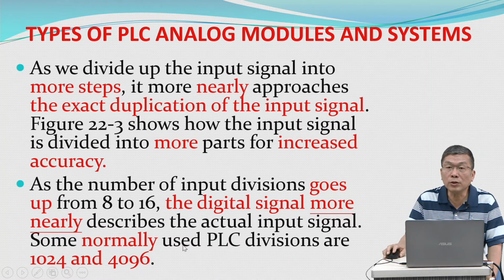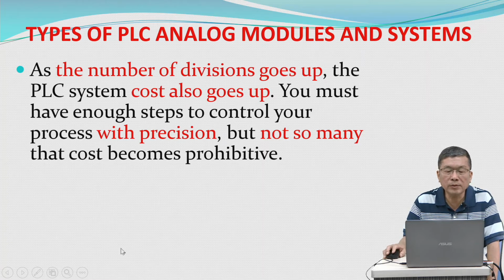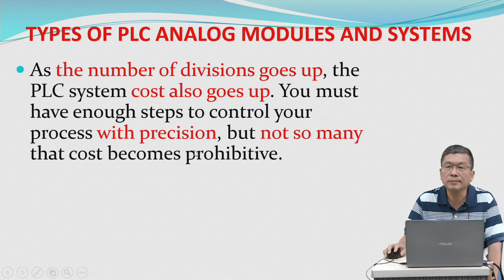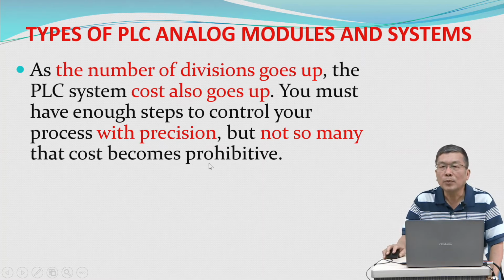Some normally used PLC divisions are 1024 and 4096. As the number of divisions goes up, the PLC cost also goes up. You must have enough steps to control your process with precision, but not so many that costs become prohibitive.